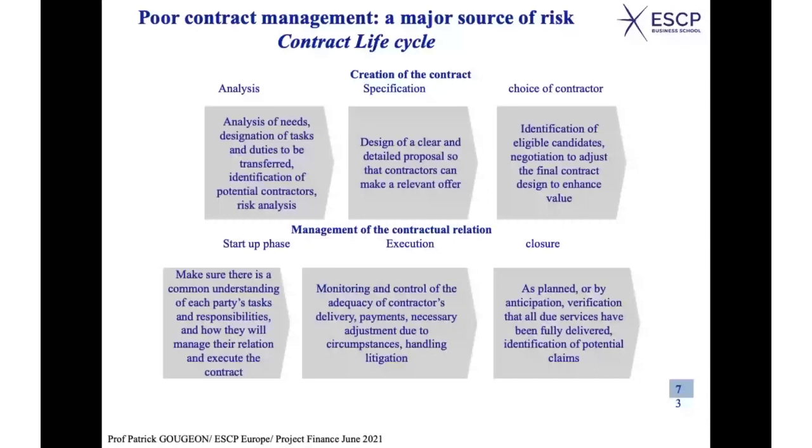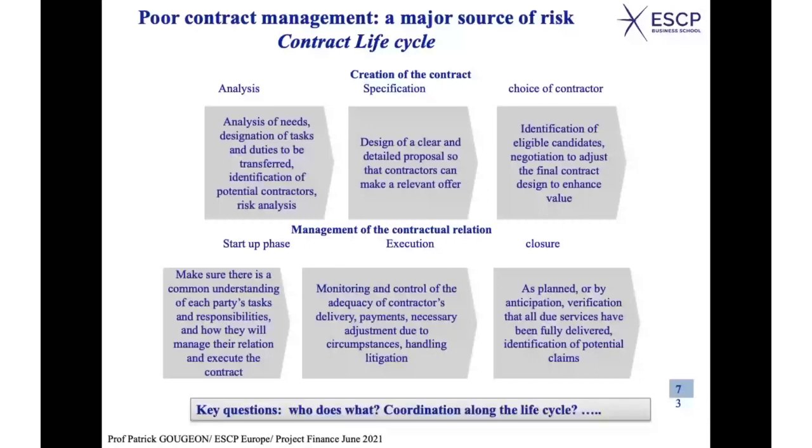Typically, what are the problems? What are the key questions? Who does what? Many people are involved in the building of the contract. And if these people don't work together, if they don't understand each other well, if there is a lack of coordination, well, indeed, you may end up with poor contracts, which will lead to difficulties later on in the second phase while the contract is executed.